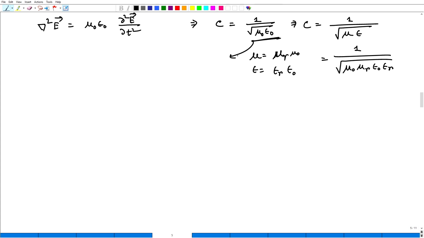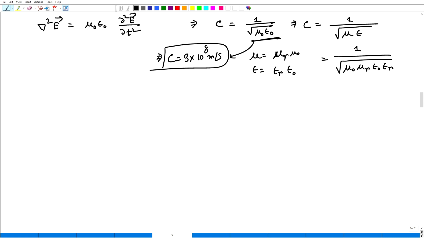If we put these values in here, then we can evaluate the value of c, which is around 3 into 10 to the power 8 meter per second theoretically, and experimentally also we can confirm that our speed of the light matches with this theoretical result, which essentially supports that light is an electromagnetic radiation.